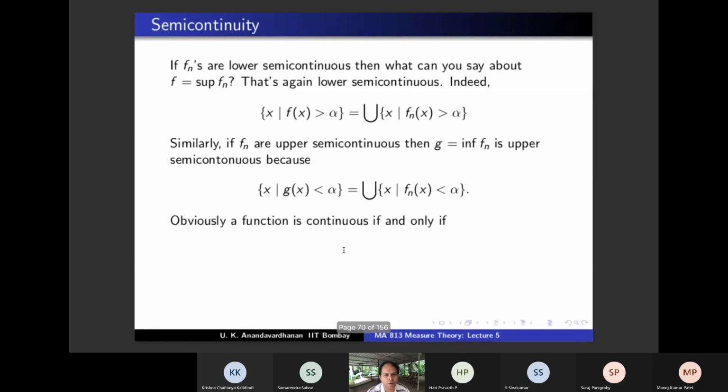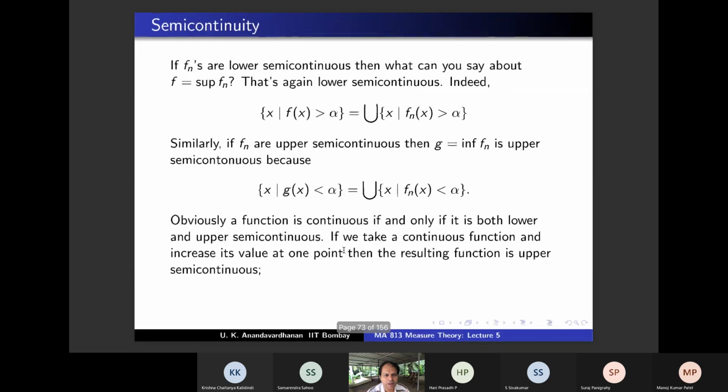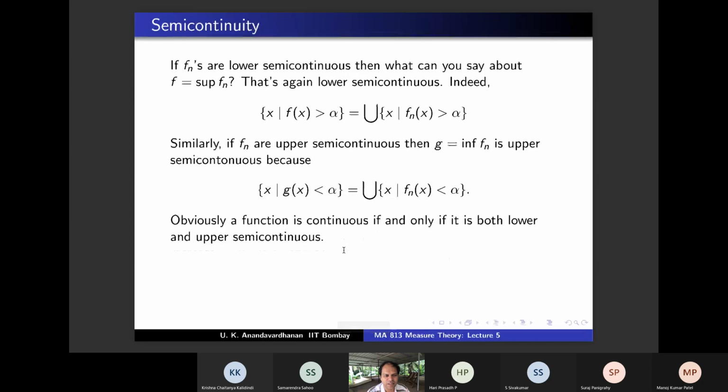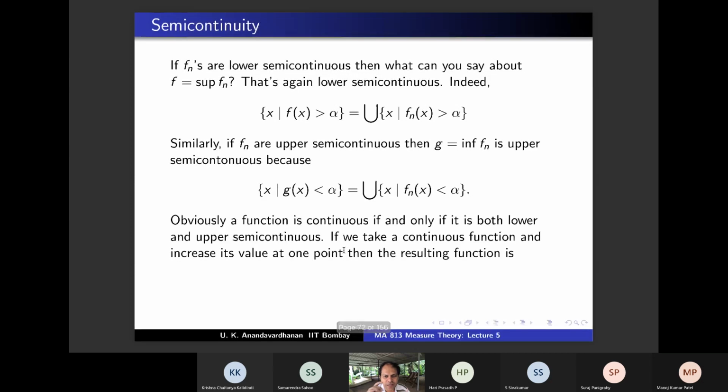And here is another way of remembering which is lower, which is upper. This I saw in Wikipedia just yesterday. If we take a continuous function, just from the real line to the real line, and you increase its value at one point, you just erase the original value and arbitrarily increase it.